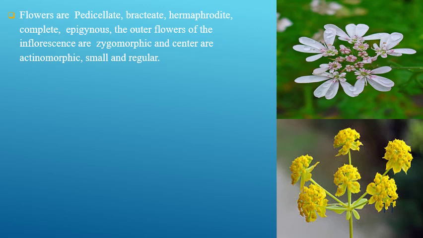Actinomorphic refers to a flower that can be cut into two equal halves by more than one plane. The flowers of the Apiaceae family are arranged into umbels or double umbels. Their color may be white and yellow.